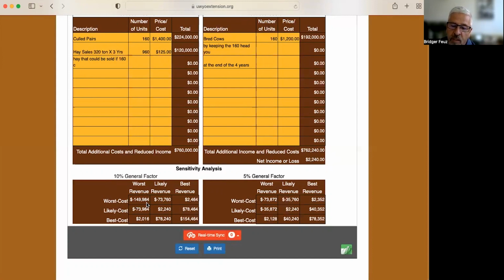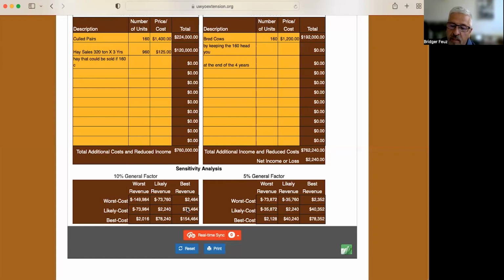If it was vice versa, if I was very conservative and I overestimated my cost by 10% and underestimated my revenue by 10%, the best case scenario, we would make 154,000 after the 3-year period, with the most likely being the number that we calculated at the end here.